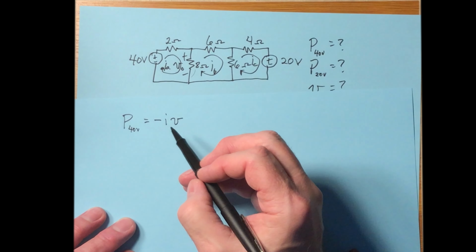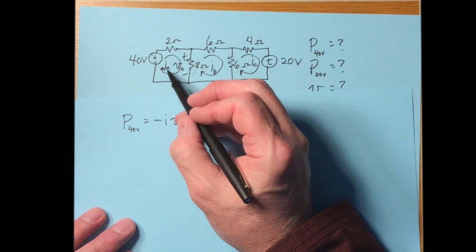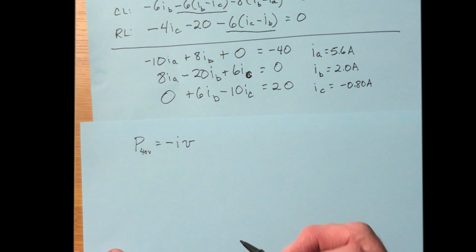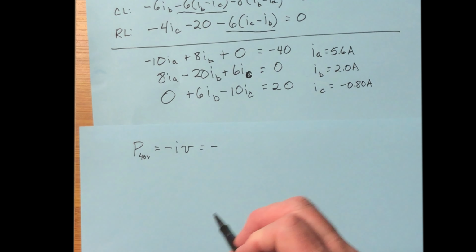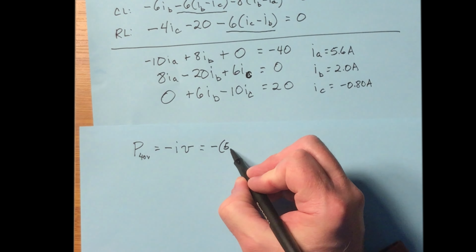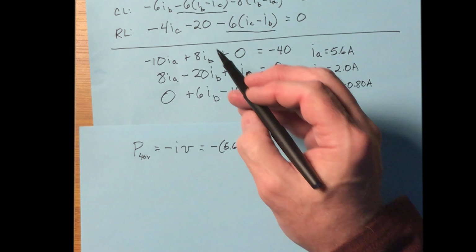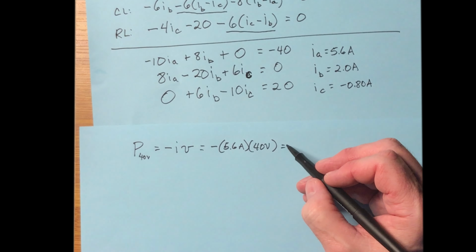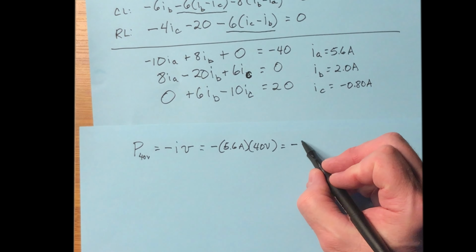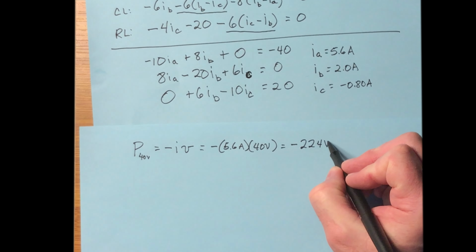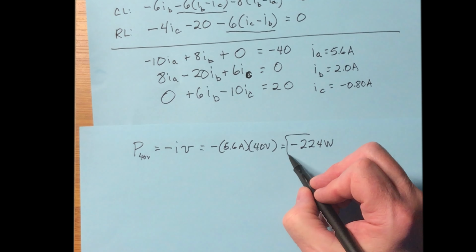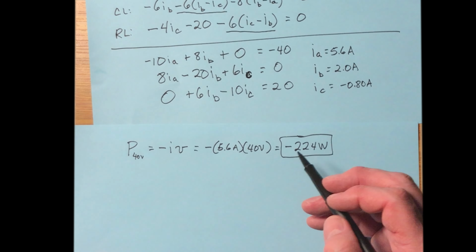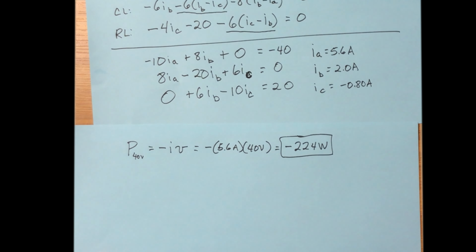Now the V is going to be 40 volts, and the I is going to be I sub A. So this is going to be minus I sub A times V of 40 volts. Do that multiplication and you end up with negative 224 watts. So there is the power of the 40 volts, and it's negative. That means that the 40 volt source is delivering energy.